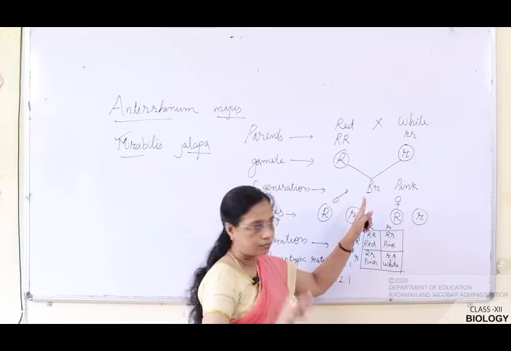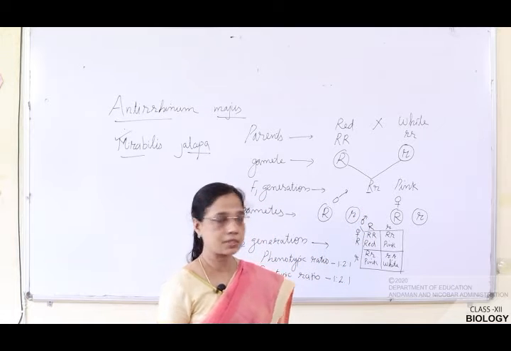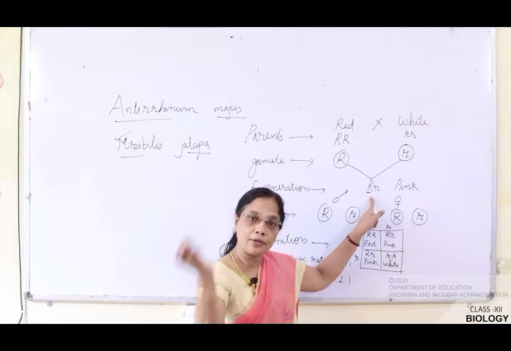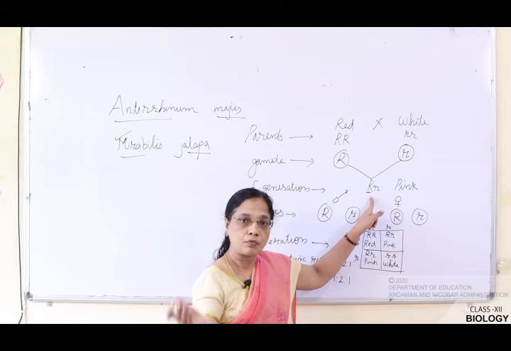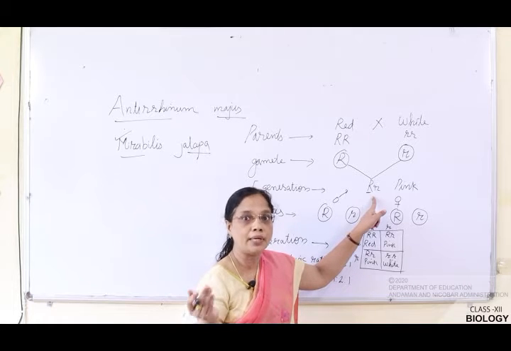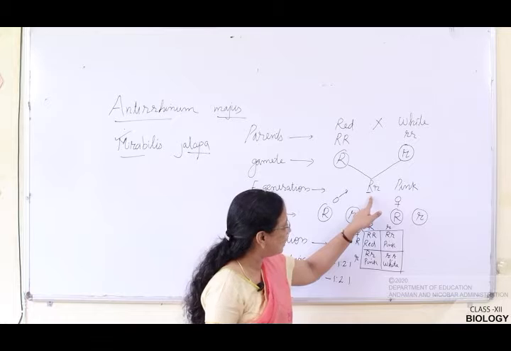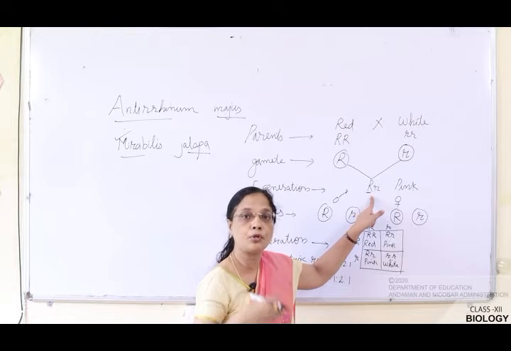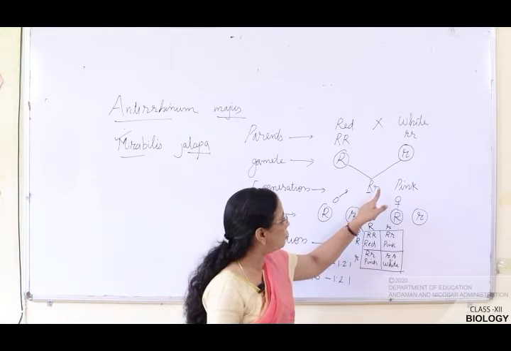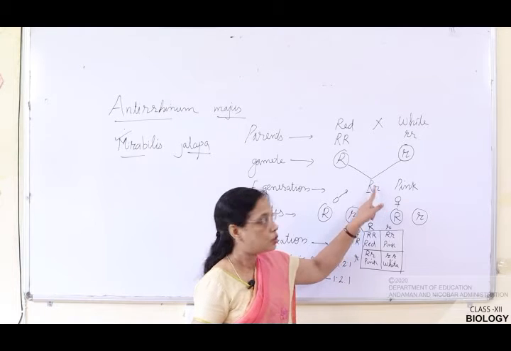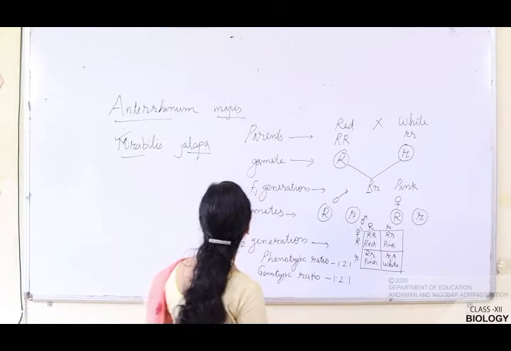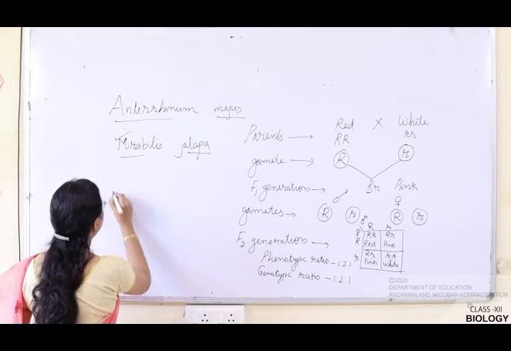Okay, what we have studied in monohybrid cross, one allele completely dominates over the other allele, so we are calling it a dominant allele. Here this allele capital R is unable to dominate completely over the other allele. So this type of inheritance is known as incomplete dominance.